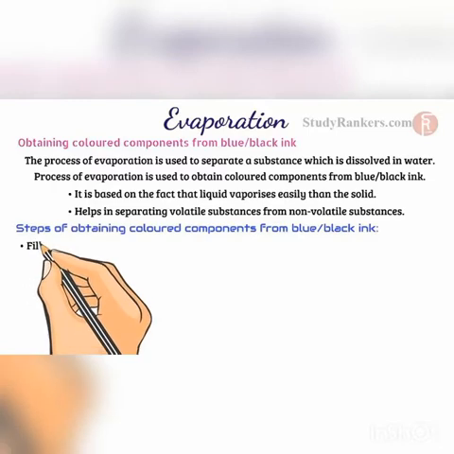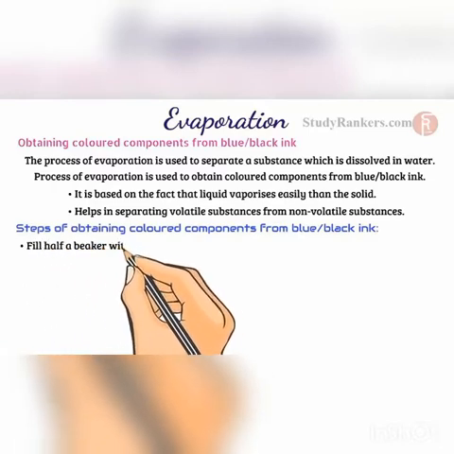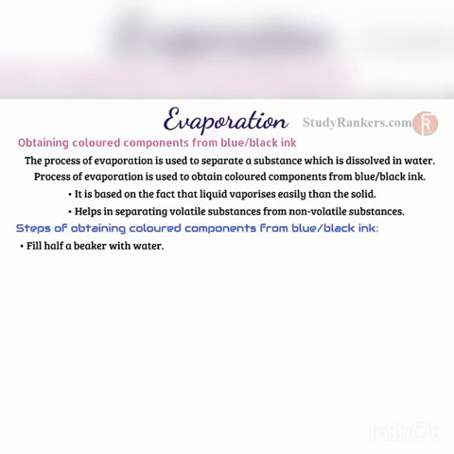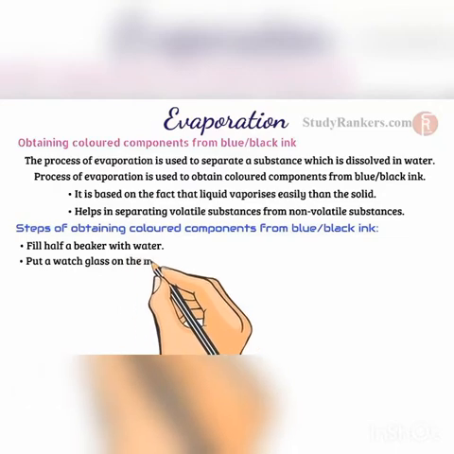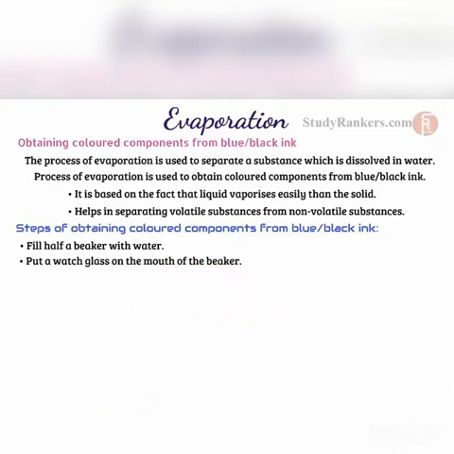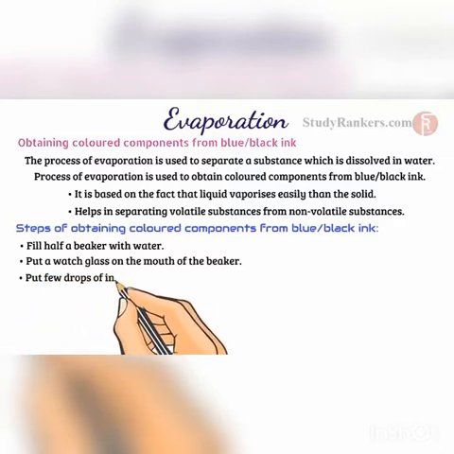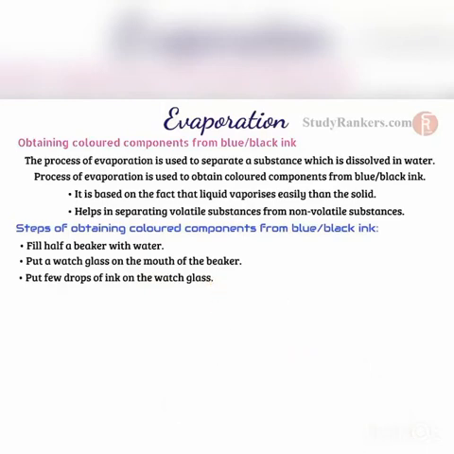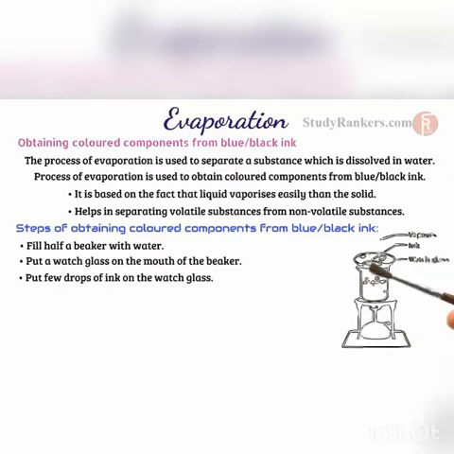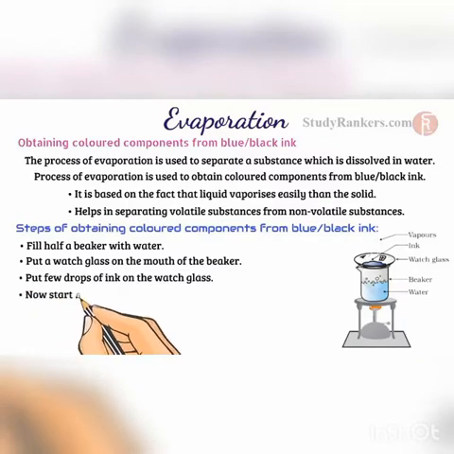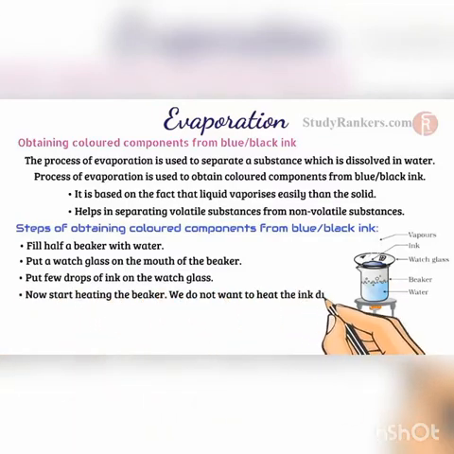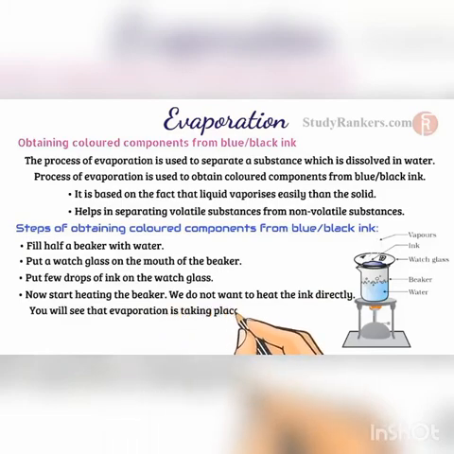Now, we will see the steps involved in obtaining the colored component from blue-black ink. First of all, a beaker is half filled with water. Then a watch glass is put on the mouth of that beaker. A few drops of ink are put on the watch glass. Now, we will start heating the beaker. We added water because we don't want to heat the ink directly.